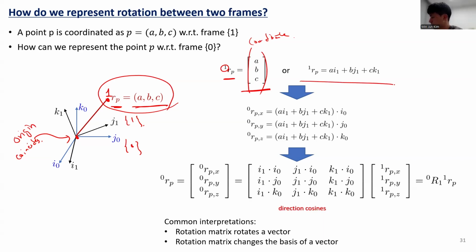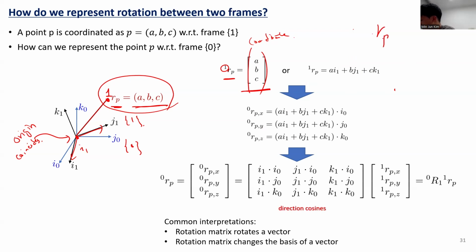This actually means A along the first basis, which is I1, B along the second basis, and C along the third basis. So that's RP1. So we basically have to change the basis.